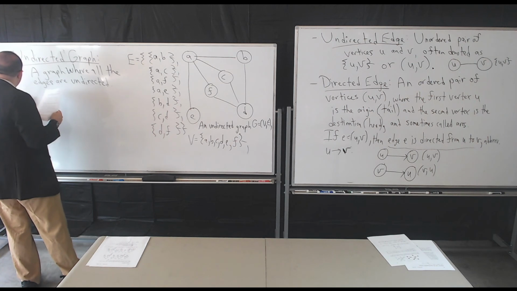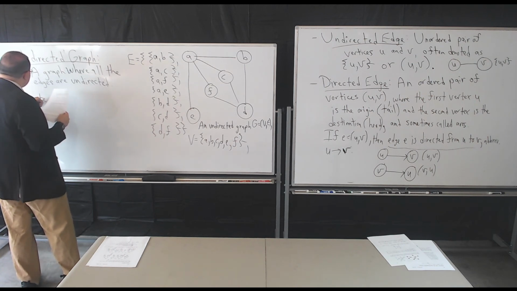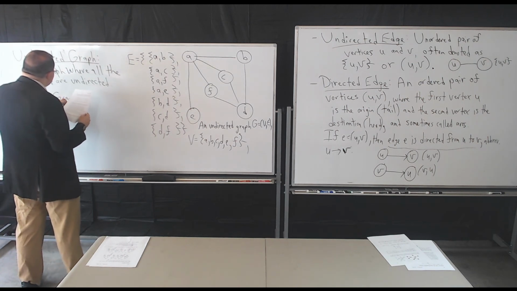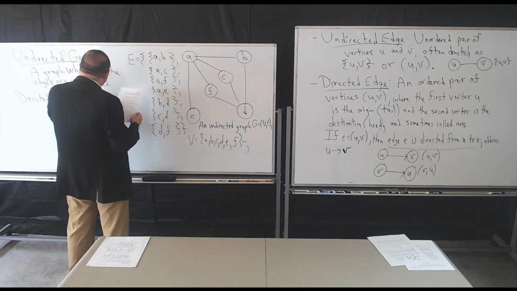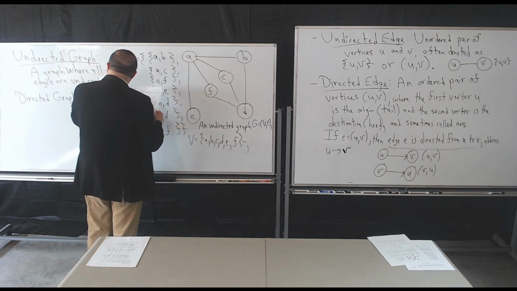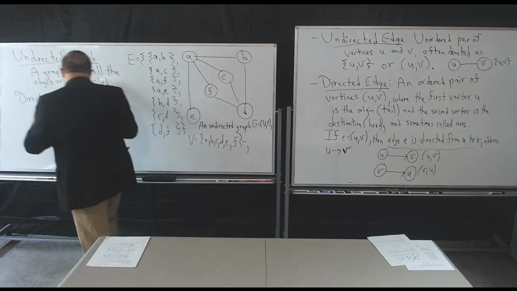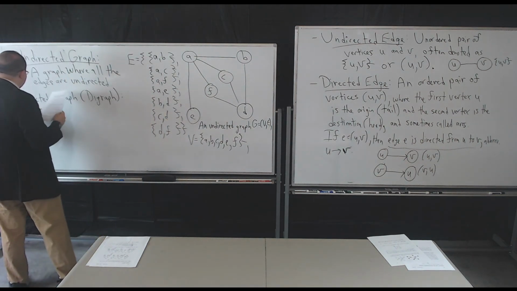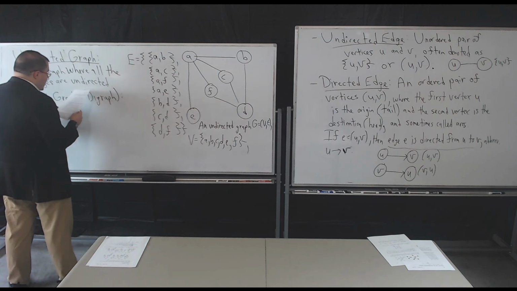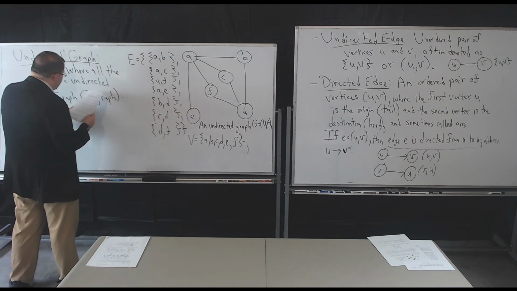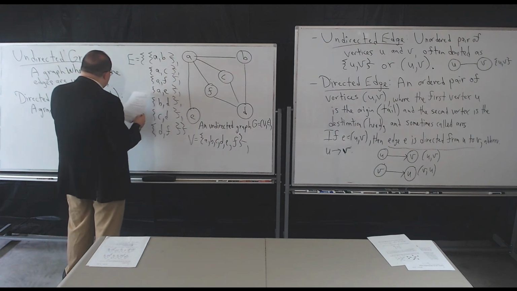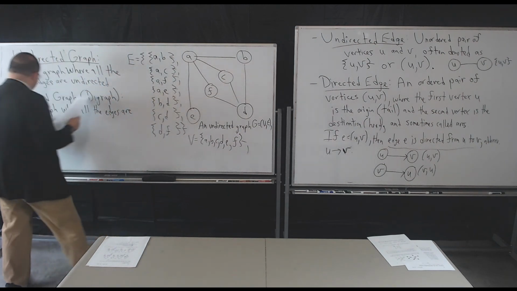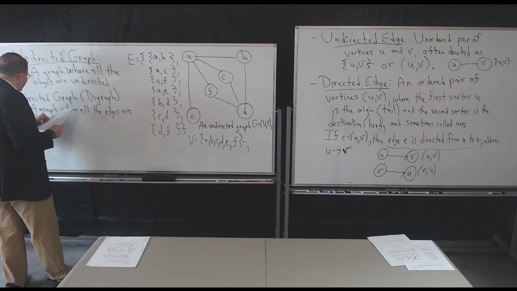A directed graph, which is often known as a digraph, is a graph where all the edges are directed.